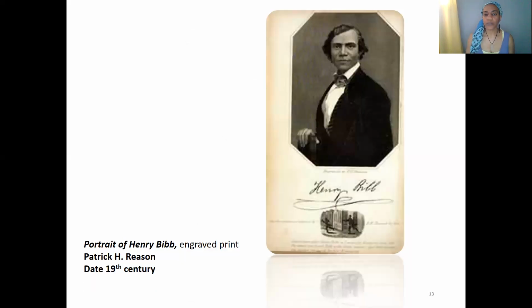Now, before I go on to this, let me talk about what an engraved print is. So an engraved print is a sheet of metal. You have a sheet of metal, it's a lot thicker than paper. Think about those notebooks that a lot of times people have, and then they have the papers in between, but on the outer portion is a lightweight cardboard that encases the papers in between.